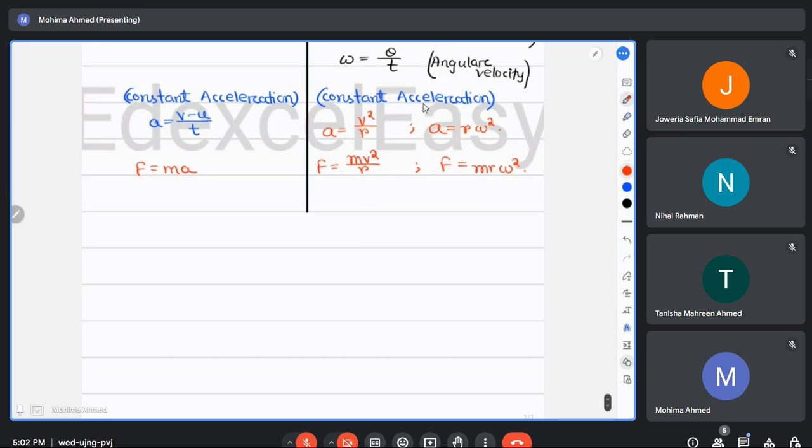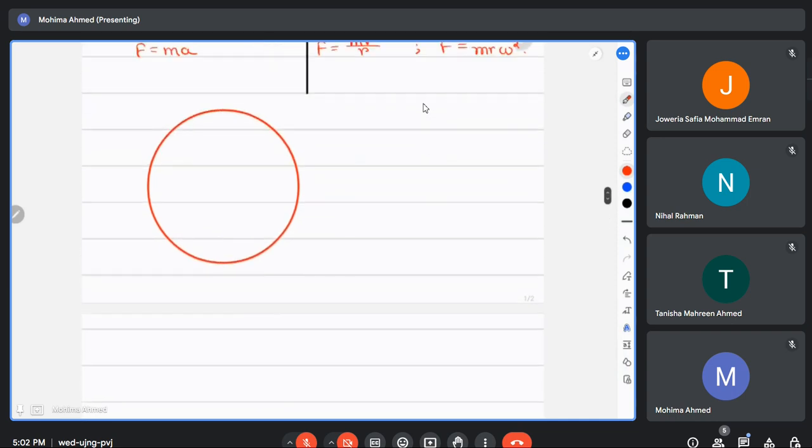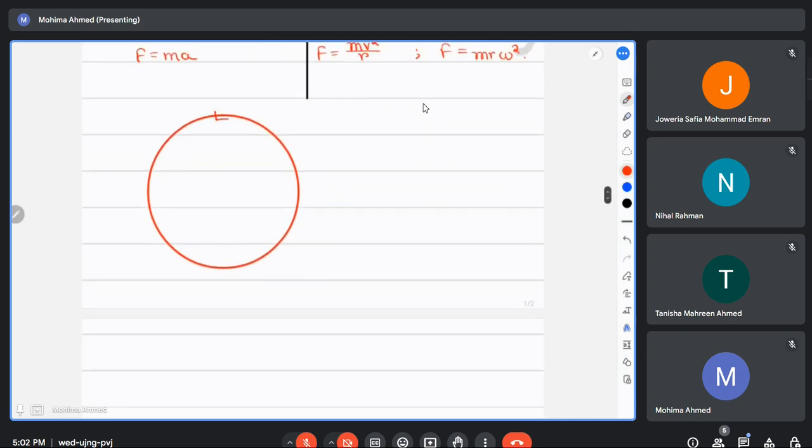From our IGCSEs, we understood that, for example, an object over here is moving in a circular pathway. There's an object at this point, maybe at point A. At point A, the object starts its journey with constant velocity. But the basic understanding, I think all of us know, is that at constant velocity, acceleration is zero, right?